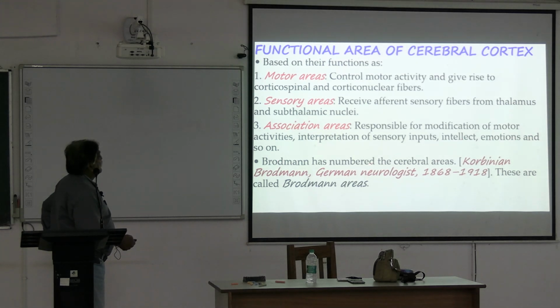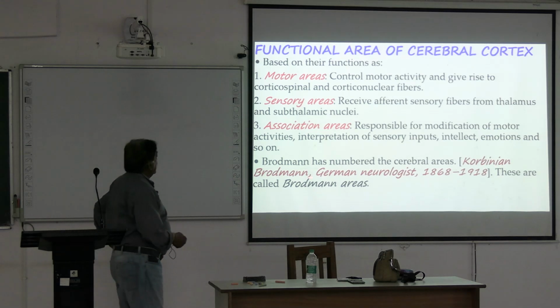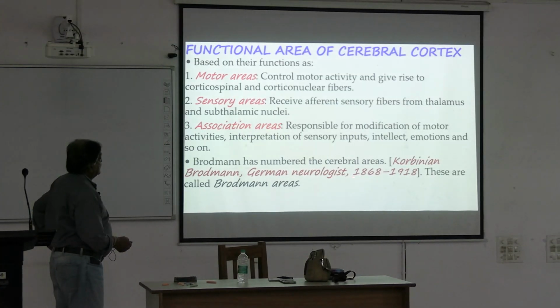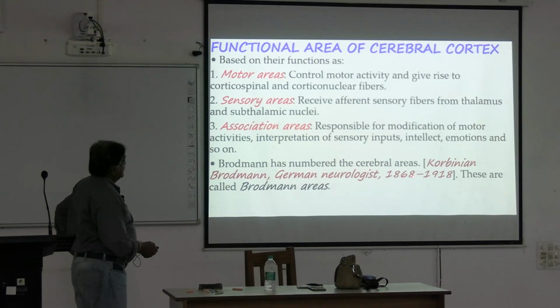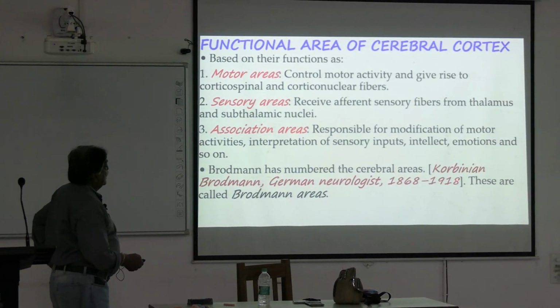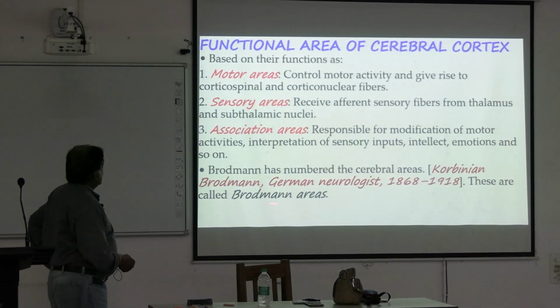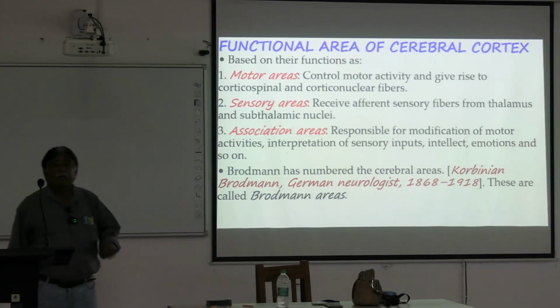Brodmann, a German neurologist, has numbered these areas as 1868 to 1918. These are called Brodmann's areas. It can be a short note, Brodmann's area.